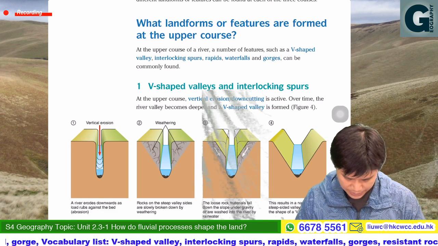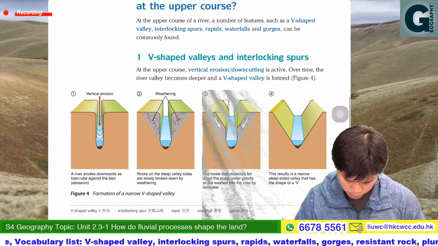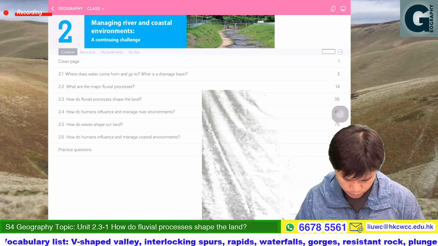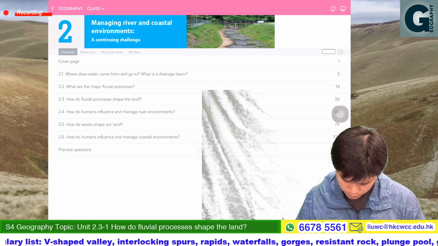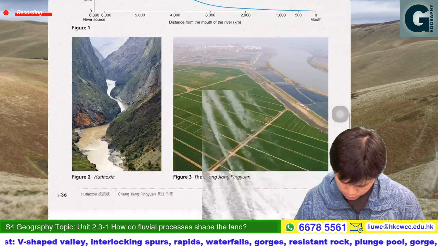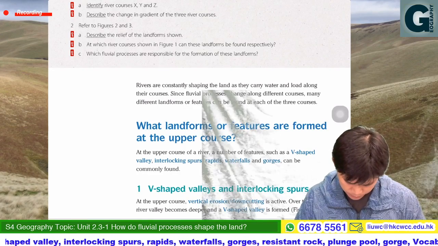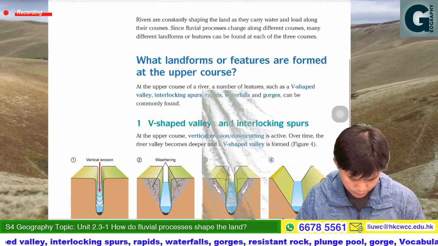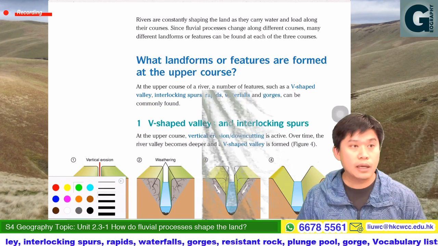So please highlight, okay, please highlight those landscape features in the upper course.